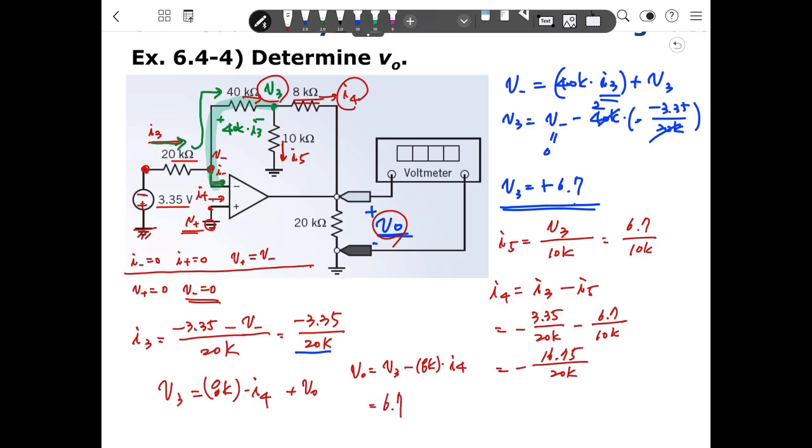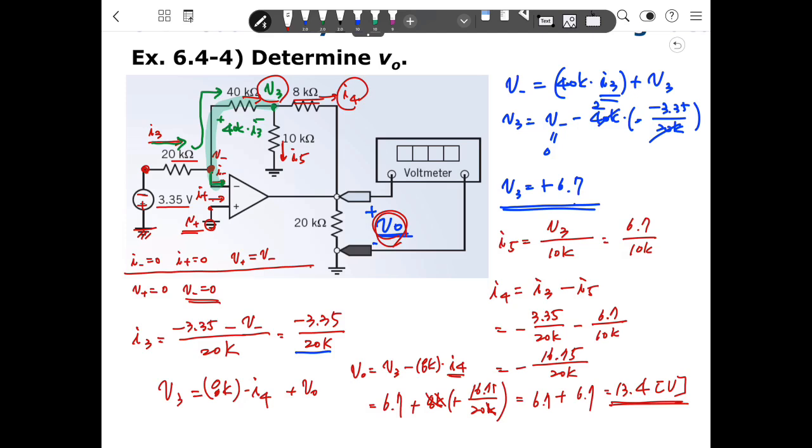And V3 was 6.7, and I4 is minus 16.75 over 20 kilo. Then our result is 6.7 plus 6.7, that will be forward. So we can get the V out in this way here.